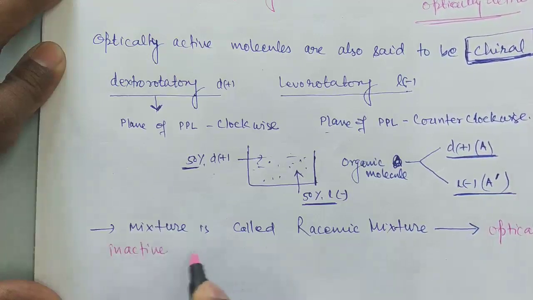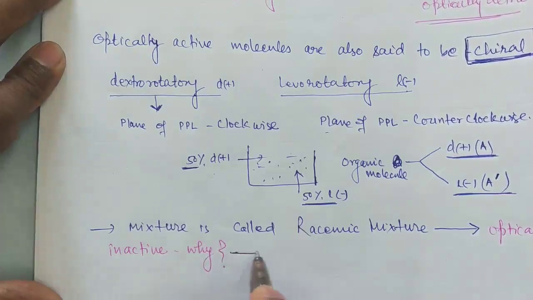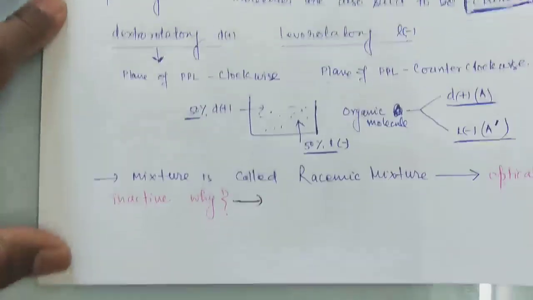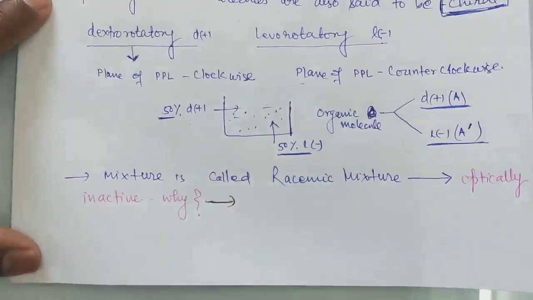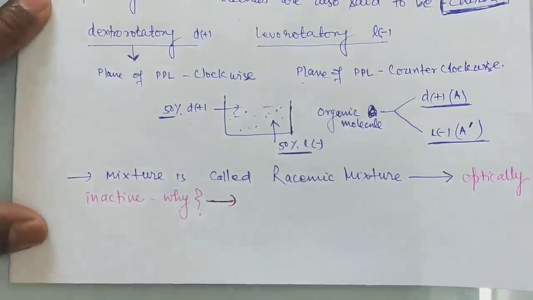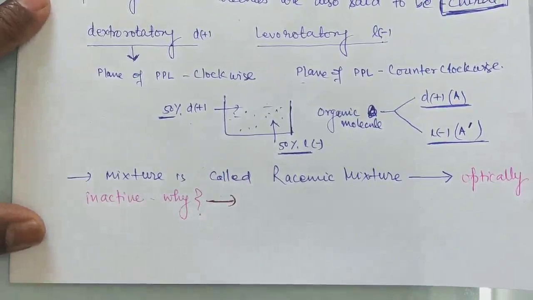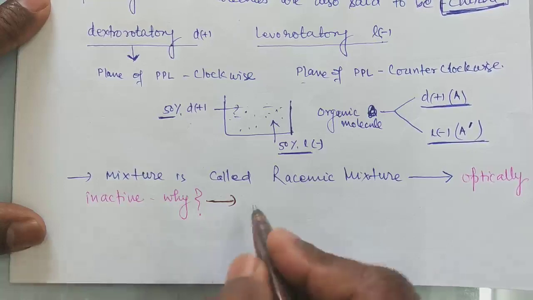Why is this optically inactive? Because 50% of molecules try to rotate the plane clockwise, and 50% try to rotate it counterclockwise.